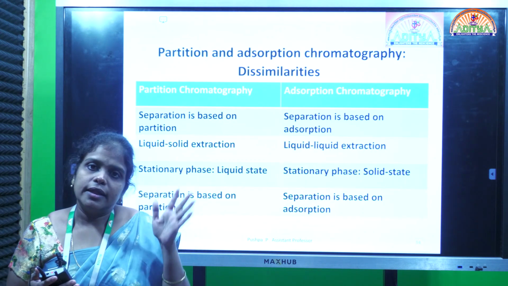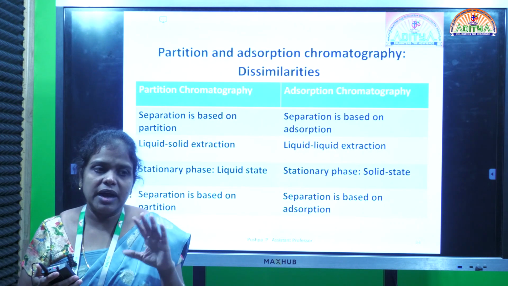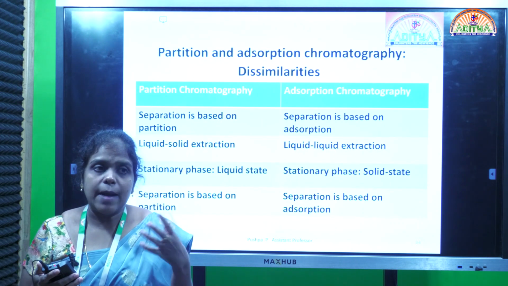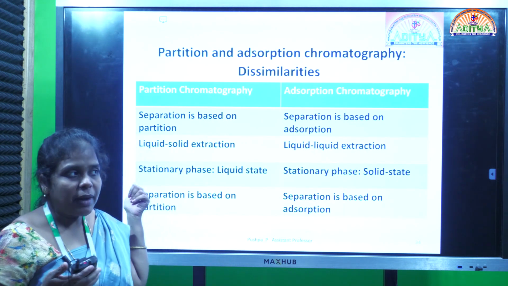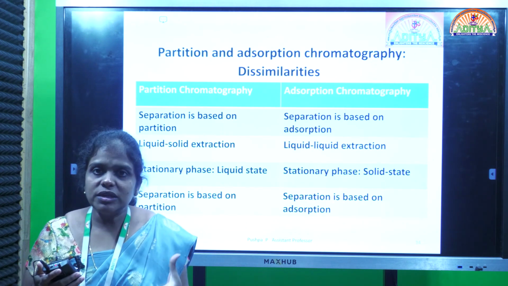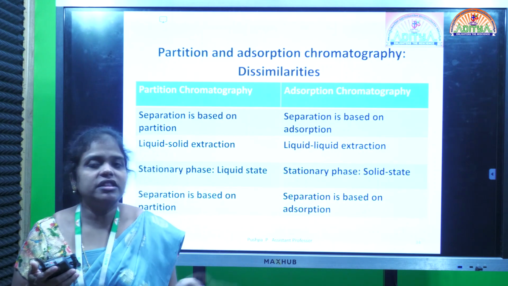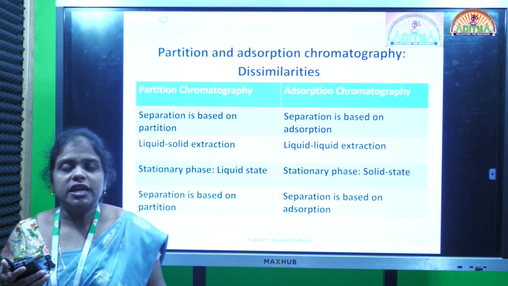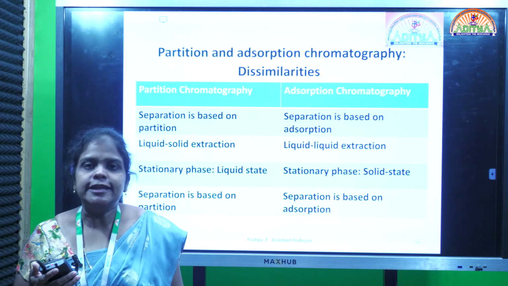There, the partitioning is based on the sample in the oil phase and water phase. Here, the partitioning is based on how much solubility the sample has in the mobile phase and how much solubility it has in the stationary phase, which leads to the separation.